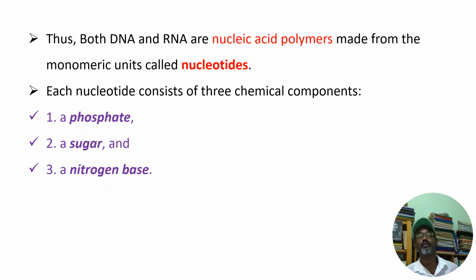What are these? Nucleotides. Each nucleotide has 3 different types of chemistry. These are phosphate, PO4, derived from phosphoric acid; sugar, which could be deoxyribose sugar for DNA and ribose sugar for RNA; and nitrogenous bases, as I have told you, A, G, and C are common for both RNA and DNA, whereas U is for RNA and T is for DNA.